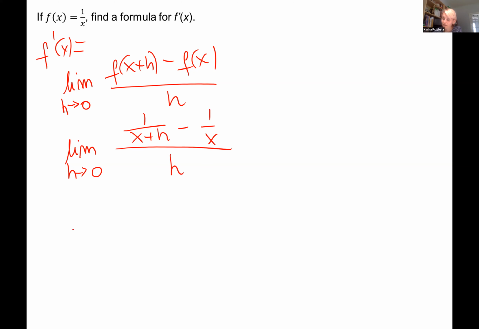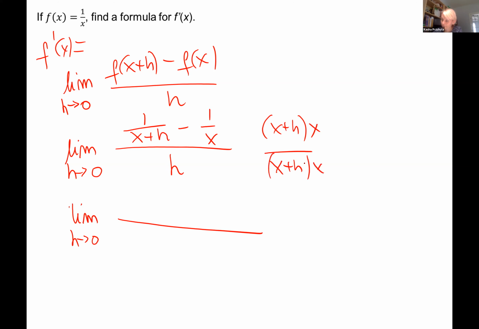And then I can simplify, multiplying by x plus h and x. My gosh, the pen, you see I have a new pen and it's not working nicely.